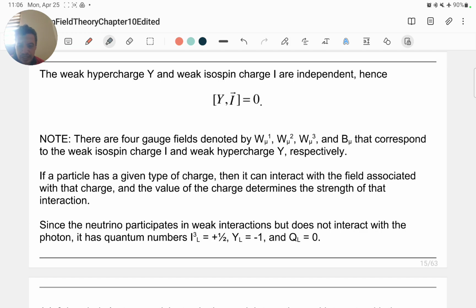It participates in weak interactions, however, and of course cannot be detected by electromagnetic detectors. Detectors that detect charged particles cannot detect neutrinos. Again, it has quantum numbers of I3 equal to 1/2 and weak hypercharge equal to -1, and it results in an electrical charge of 0.